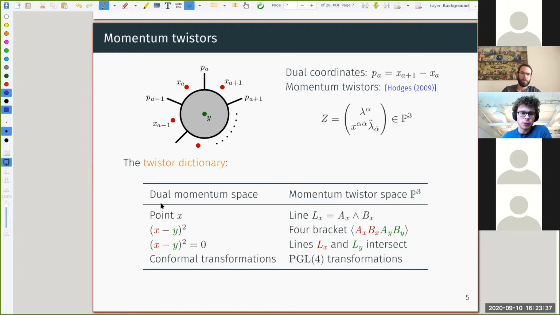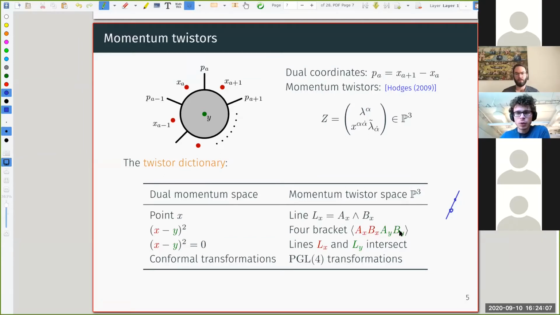In particular, if we have some point, it could be one of those external points or one of these internal points, it's going to correspond to a line in the three-dimensional projective space. So there's going to be a line that corresponds to a point. Also the distance of two points, (x minus y) squared, just becomes the four bracket in P3. So we just take the 4 by 4 determinant of those four points.